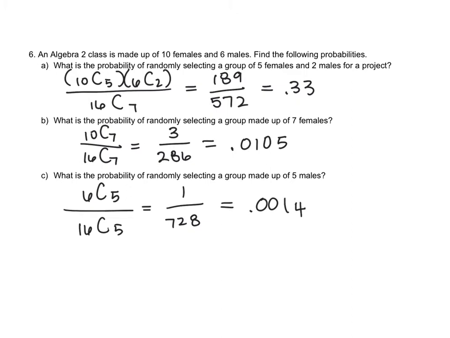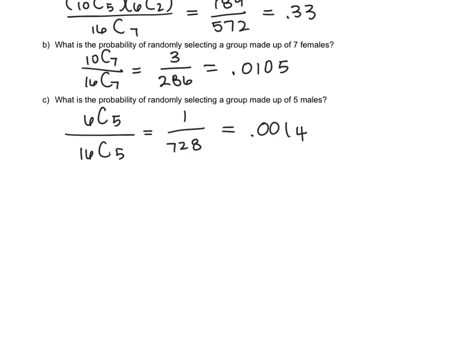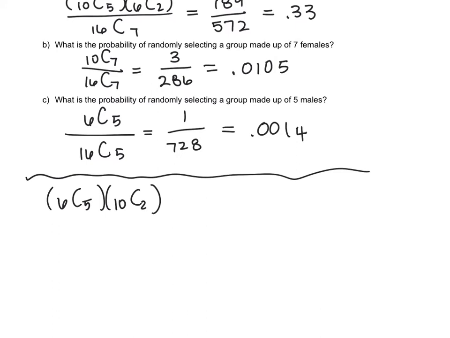Now on the other side of things, if I wanted to maintain the same group size of 7, this would have become 6 choose 5 times 10 choose 2, because if we want to have a group of 7, we would then have to have 2 females, which then would be over 16 choose 7.